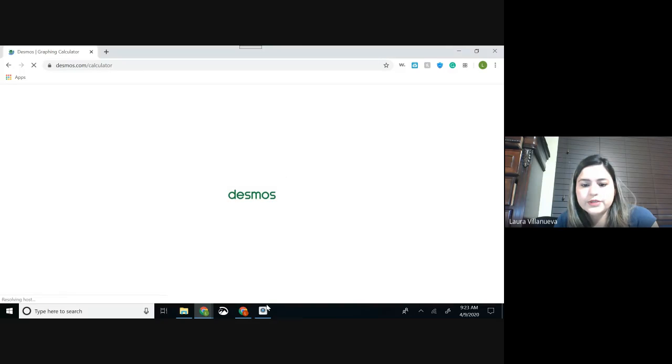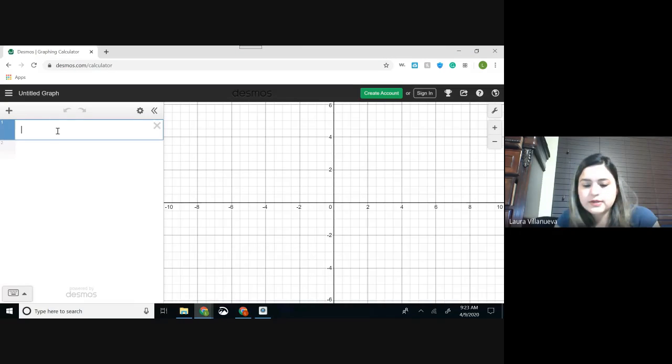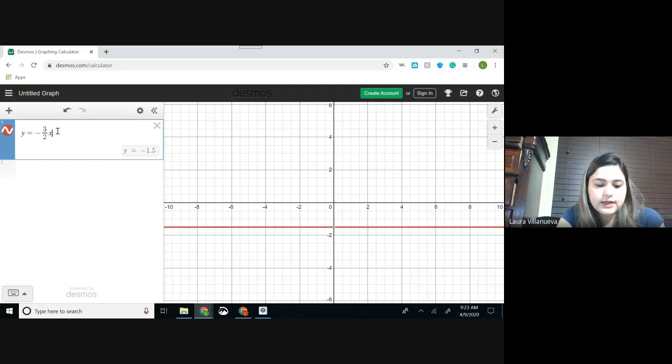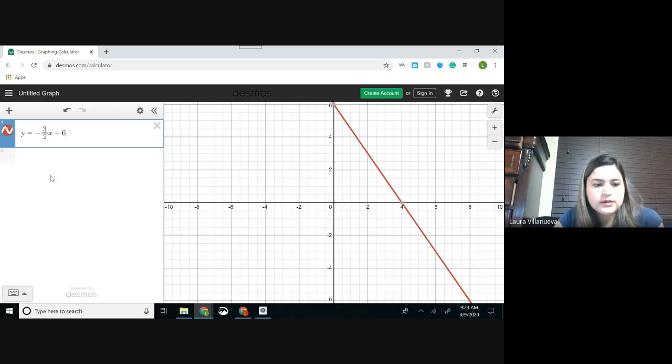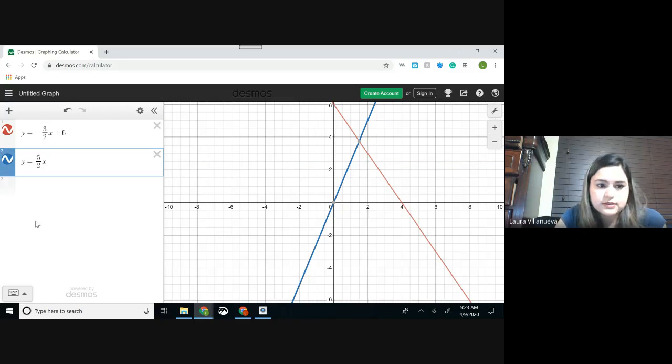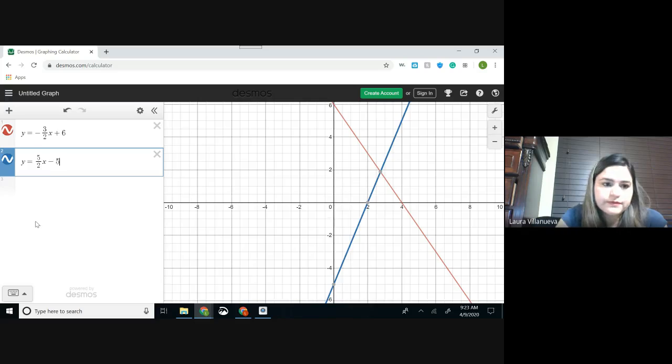And I'm going to type in my equations. So I'll say y equals negative 3 over 2 x plus 6. And then I'm going to do another one. y equals 5 over 2 x minus 5.